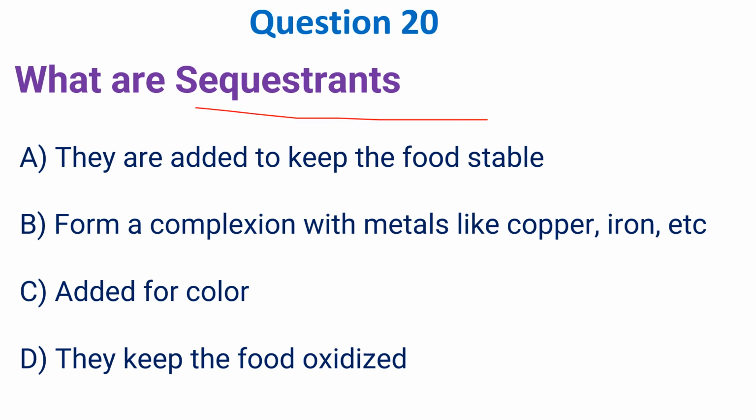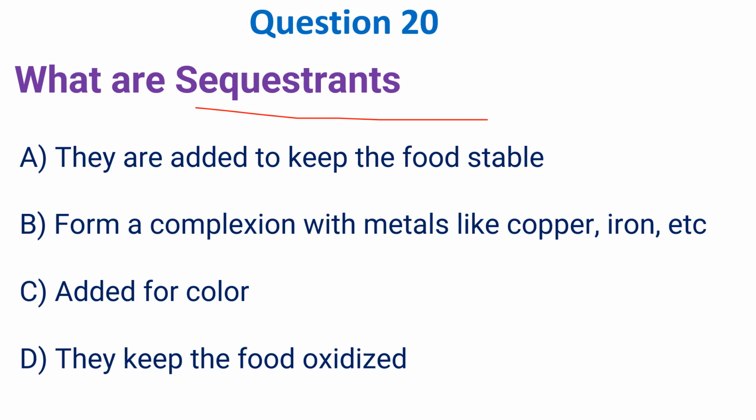What are sequestrants? Sequestrants improve the quality and stability of a product. Sequestrants form complexes with polyvalent metal ions, especially copper, iron, and nickel, which prevents the oxidation of fat in the food.